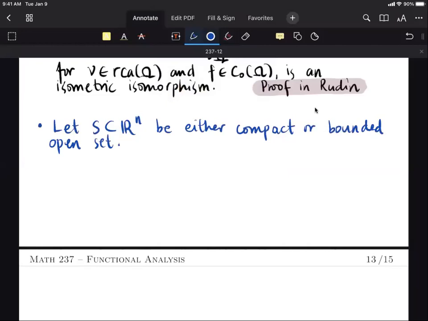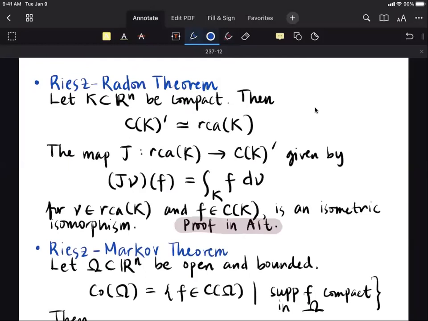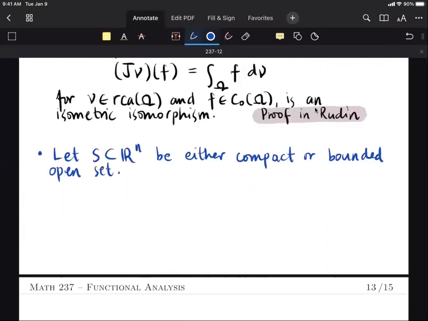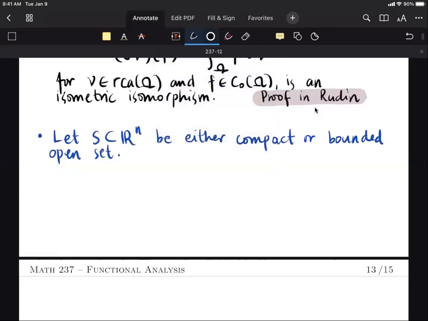So the compactness of S would be related later to the dual of RCA when K is compact. When S is omega and bounded, you can take S to be omega, and we want to study the dual of this case. So this statement will cover the case of the Riesz-Radon and Riesz-Markov theorem, in particular the RCA space.